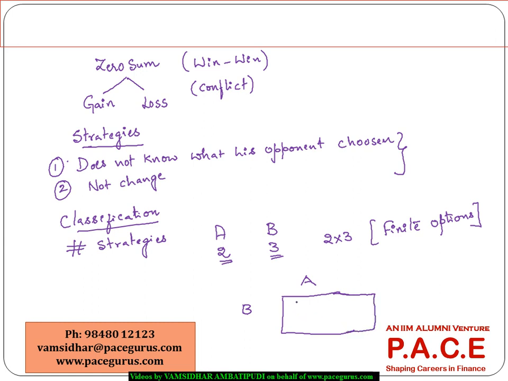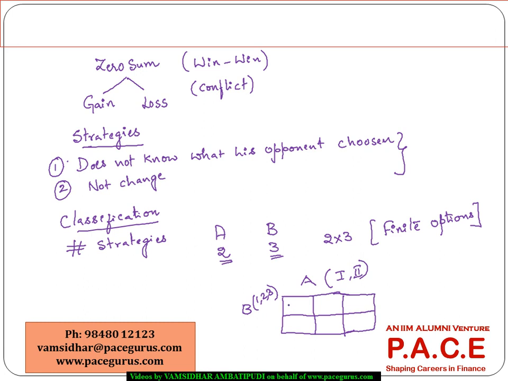Right? A has two strategies, B has three strategies. Now, for A's strategies, let's say I talk about 1 and 2 with Roman numerals. For B's strategies, let me talk about 1, 2, 3 with regular numerals.